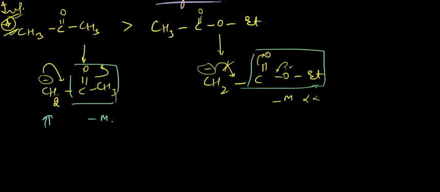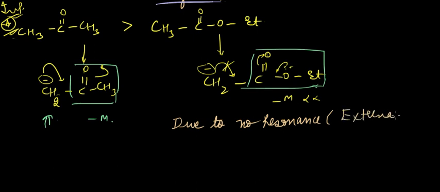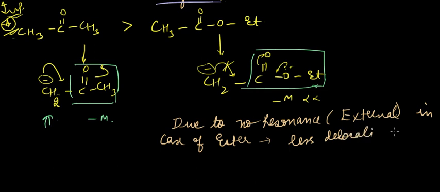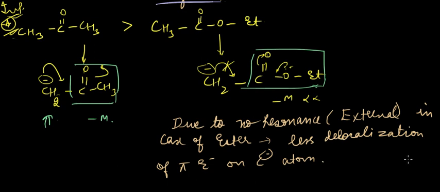Hence we can write that due to no external resonance in case of ester, it leads to less delocalization of pi electrons on the C minus atom, hence less acidic strength.